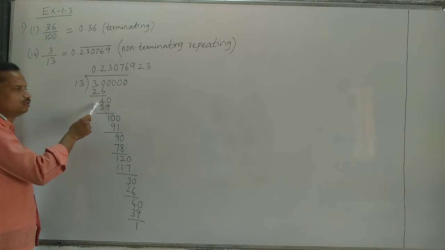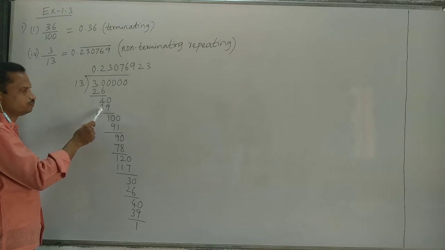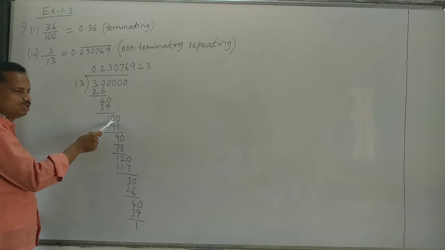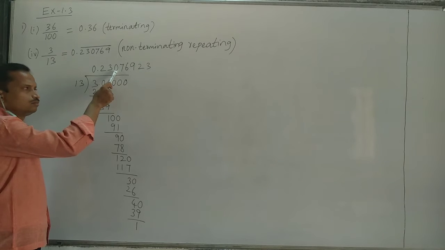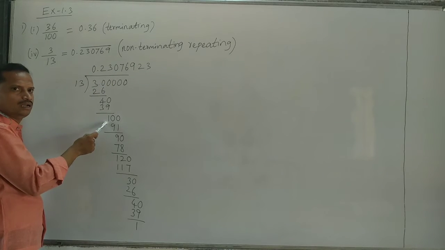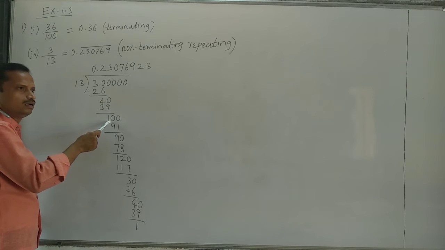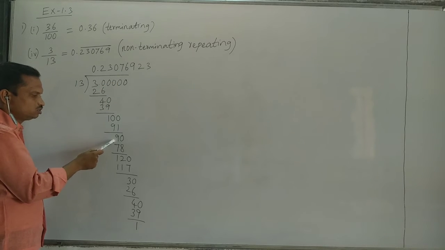In 40, 3 13s are there. 13 into 3, 39, and the remainder is 1. You add 1 zero, it becomes 10. Still it's not enough because the divisor 13 is greater than 10. So again we put 0, further we add 0 here. Now it becomes 100. In 100, how many 13s? 7 13s are there. 13 7s are 91, and the remainder is 9.